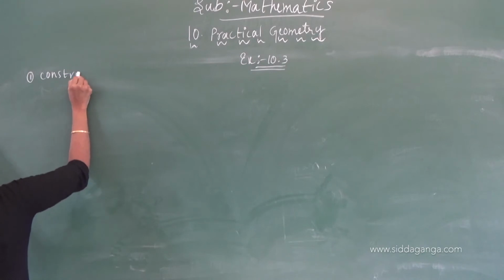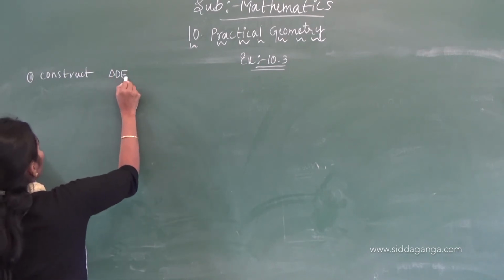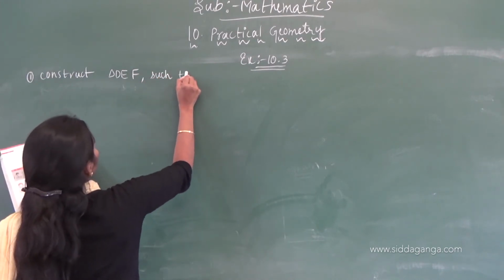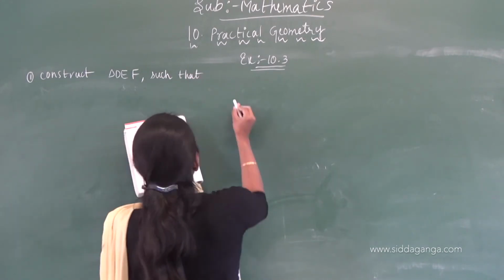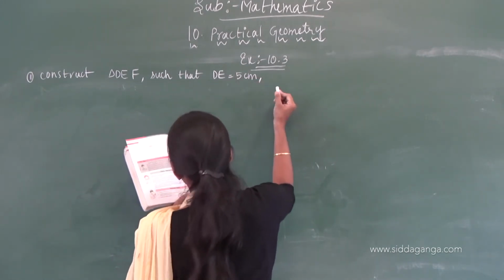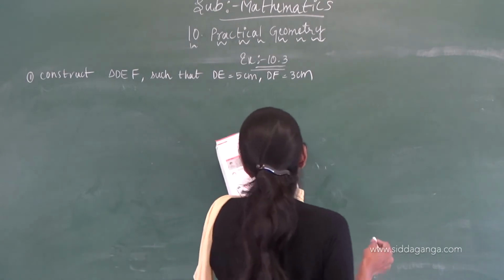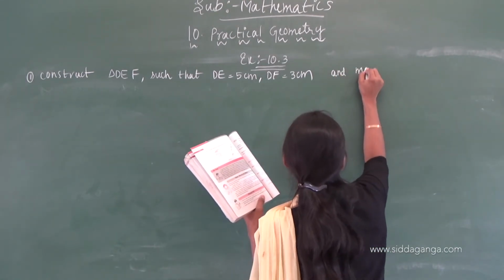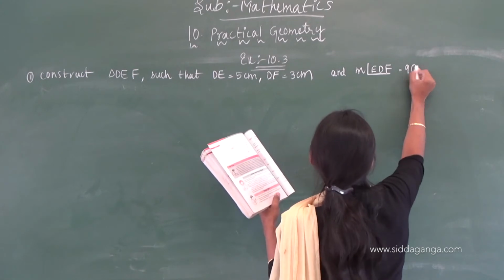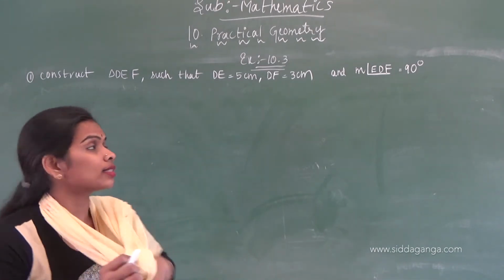Construct triangle DEF such that DE equals 5 centimeters, DF equals 3 centimeters, and measure of angle EDF equals 90 degrees. Measure of angle EDF equals 90 degrees.